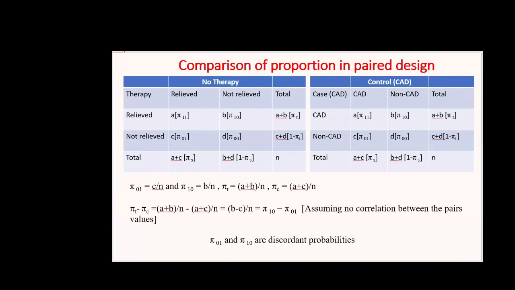And D is the number of pairs not relieved by therapy and also not relieved by control. I am again repeating, this is the number of pairs. One taking therapy, another corresponding matched one not taking therapy. So D is a number of pairs, and we have this 2 by 2 table.